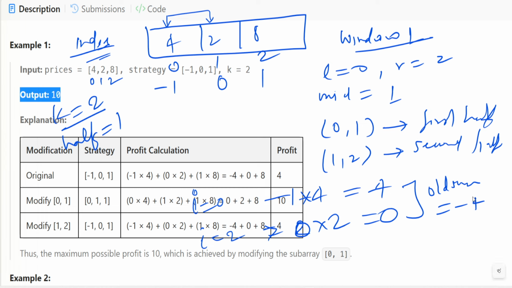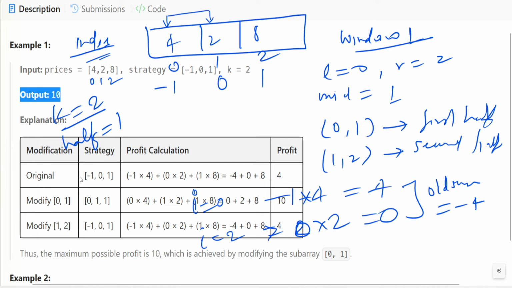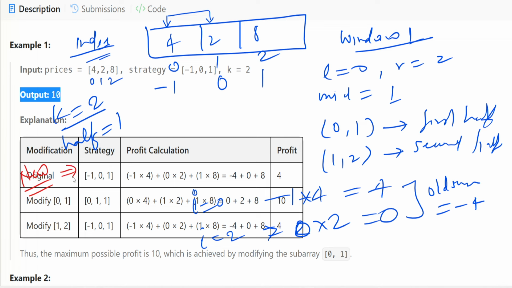So this is your old contribution. Now understand the new contribution. How are we going to find it? After the transformation, 0 into 4 at index 0, we will get 0.